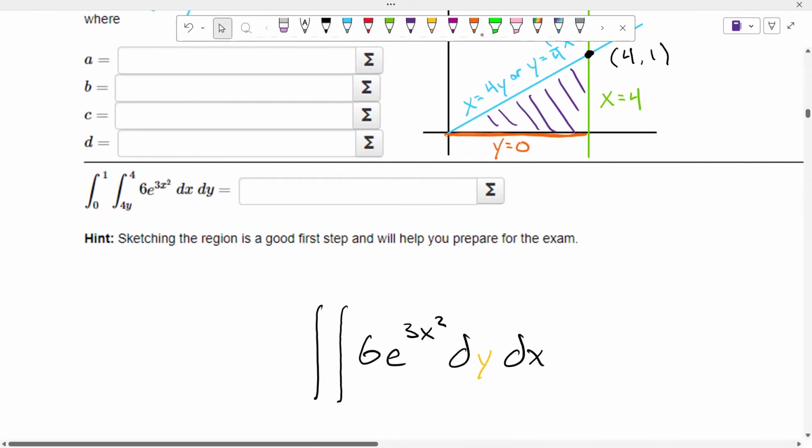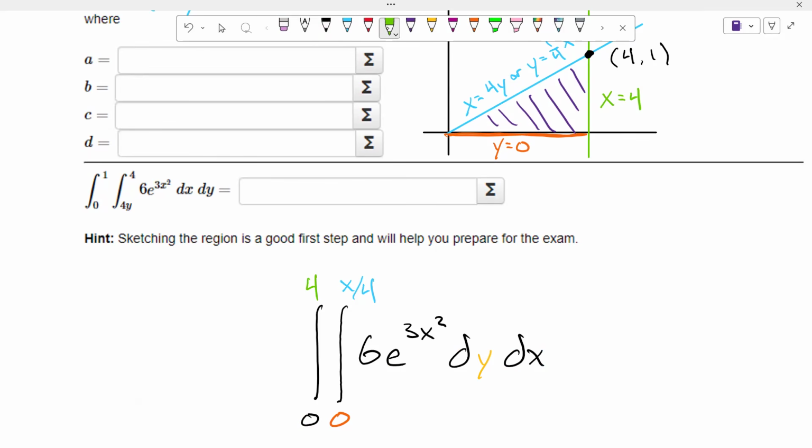So orange to blue, which means we're going from 0 to x over 4. Because that blue line is y equals x over 4. And then for x, it goes from 0 to 4. Mark that in green because that's our right limit for x. x is 0 to 4 after we fix the rest of that stuff.